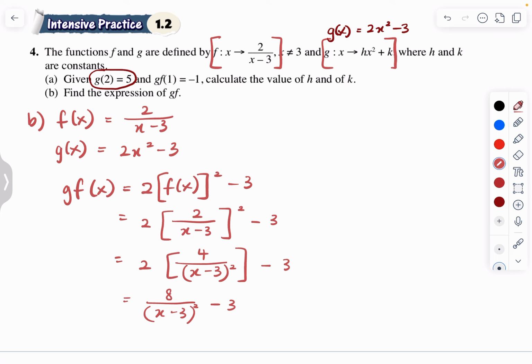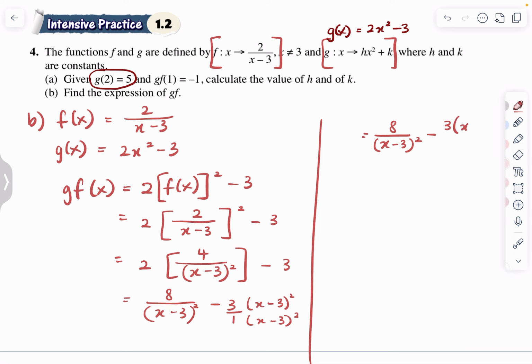So what we do is, this is 3 over 1. So we multiply with (x minus 3)² over (x minus 3)². So we're going to get 8 over (x minus 3)² minus 3 times (x minus 3)² over (x minus 3)².